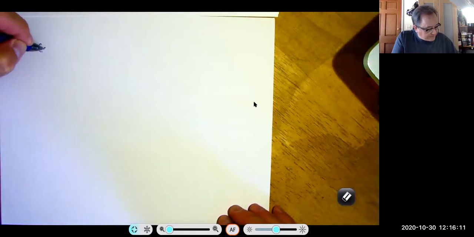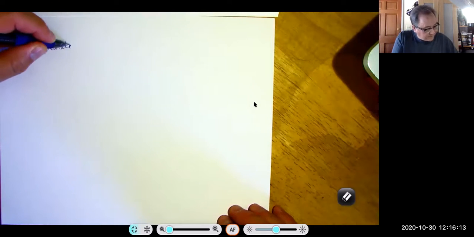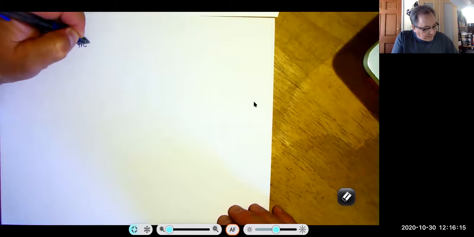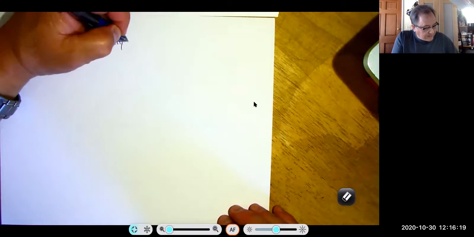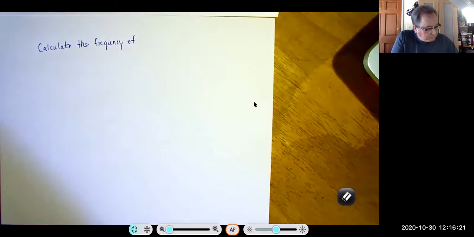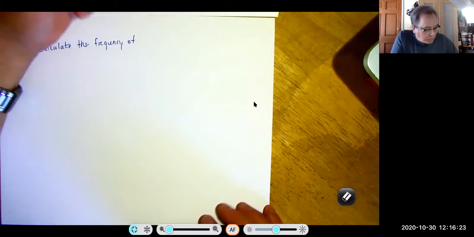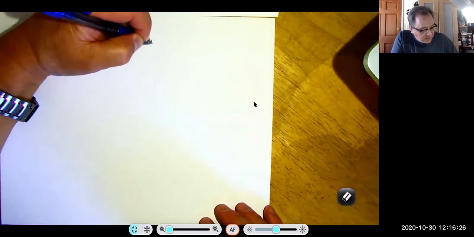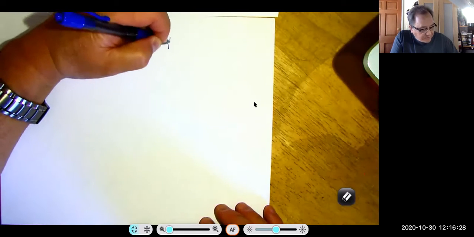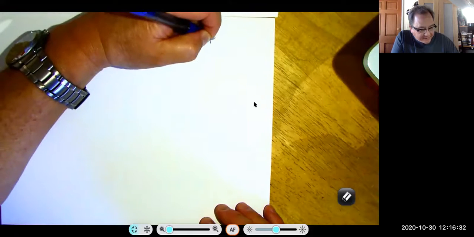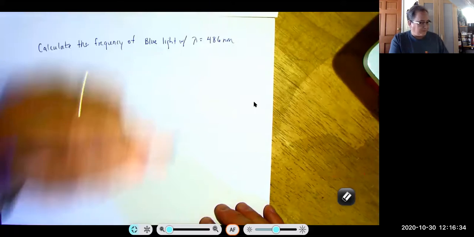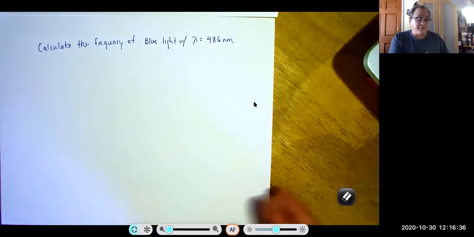Calculate the frequency of, let's say, blue light with wavelength equal to 486 nanometers. So that's the problem we're going to do.